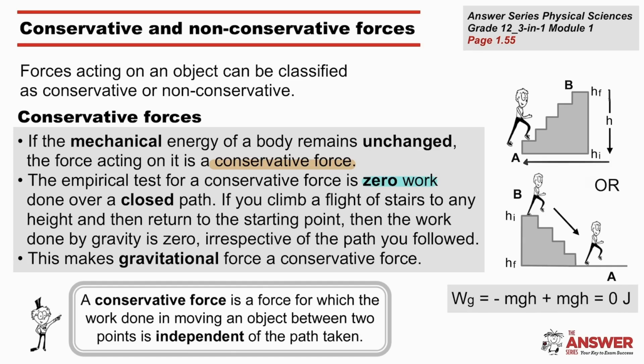For example, if you climb a flight of stairs to any height and then return to the starting point, then the work done by gravity is zero. This is what makes gravitational force a conservative force. A conservative force is defined as a force for which the work done in moving an object between any 2 points is independent of the path taken.